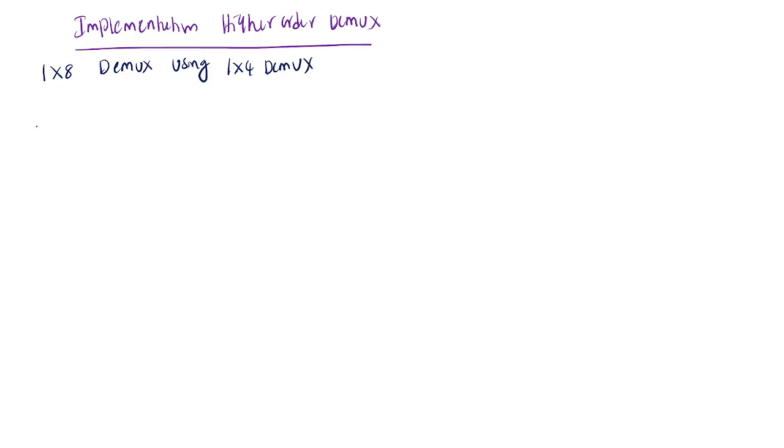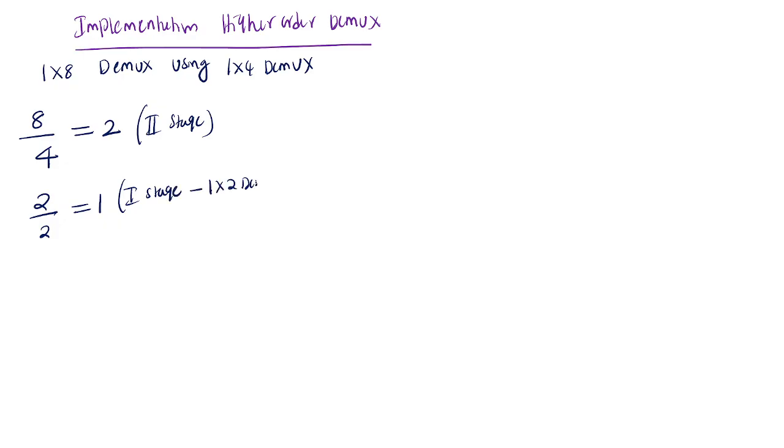How to implement? First, you need to divide 8 by 4. What are you getting? 2. So that means the 1x4 demux comes in the second stage. In the first stage, 2 by 2, so you can use an inverter or you can use a 1x2 demux.